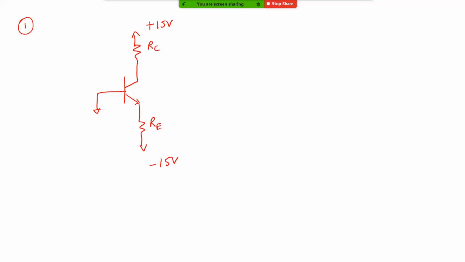This is called RE. Okay, the beta is given to be 100, and the information that is given is for a VBE of 0.7 volt. Okay, the collector current is 1 milliampere.